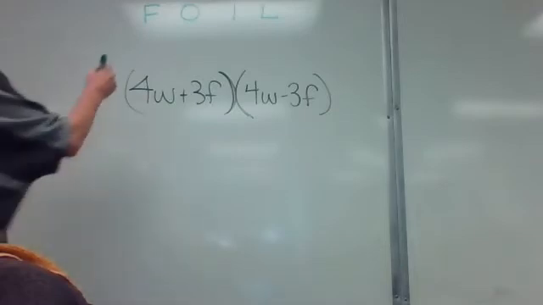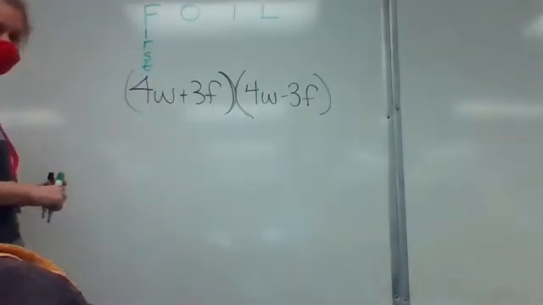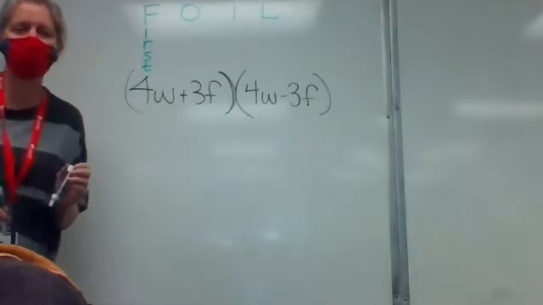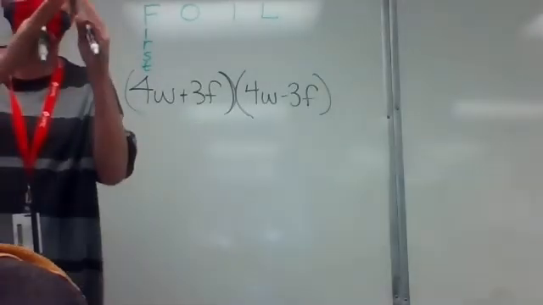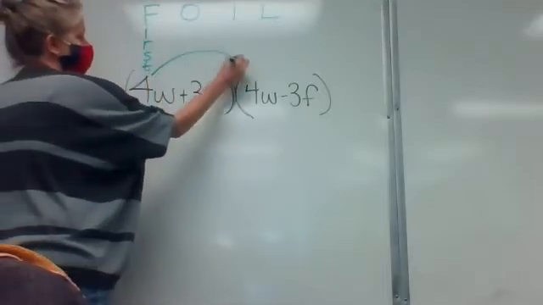What the F stands for is first. So when you're multiplying the first terms together, what that means is the first term of the first parentheses with the first term of the second parentheses.